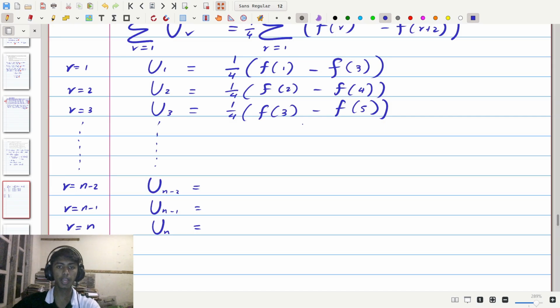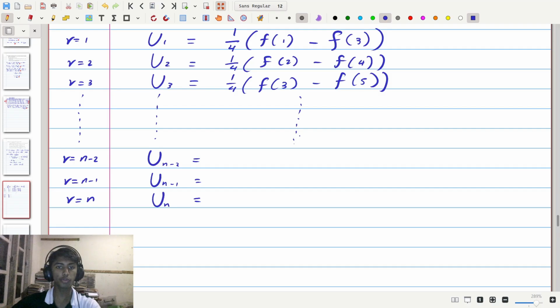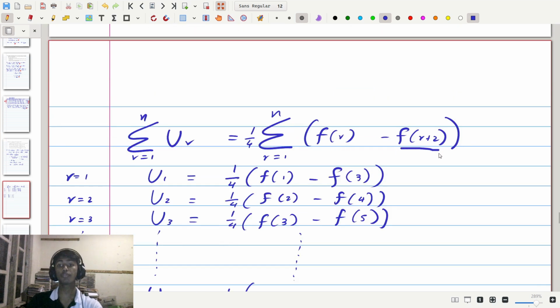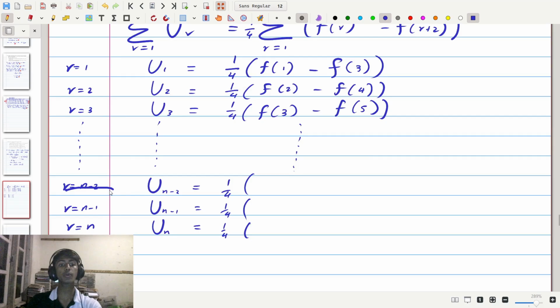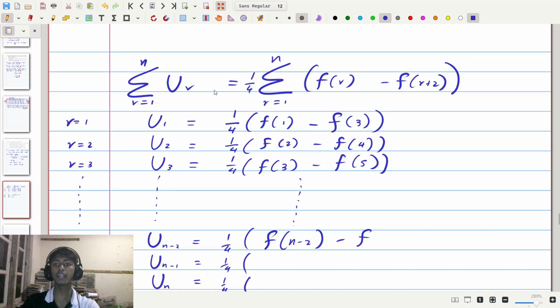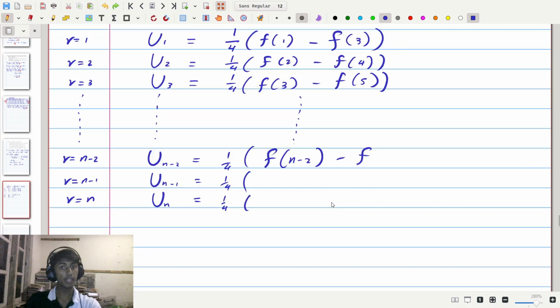So it goes down like that all the way until the last terms, and for the last terms we have 1/4 of f of r minus f of r plus 2, where r is equal to n minus 2. So therefore we have f of n minus 2 minus f of n minus 2 plus 2, where the minus 2 and plus 2 cancel, giving us f of n.